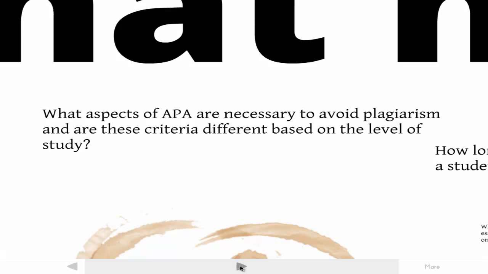For example, if a student leaves out a citation, are those grounds for plagiarism? If it happens just once, or repeatedly, how many times does it happen? Is it a continual problem? What are the ramifications?